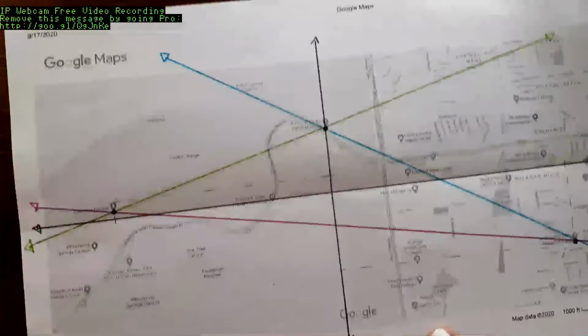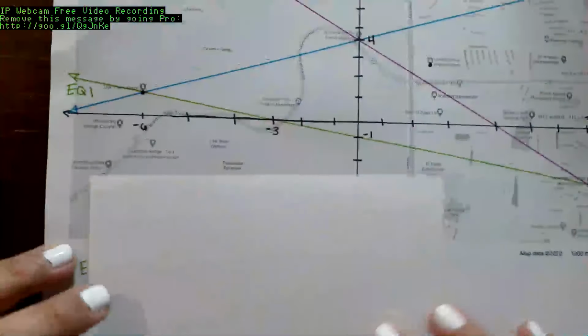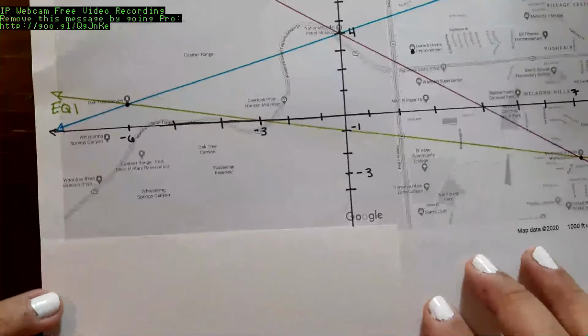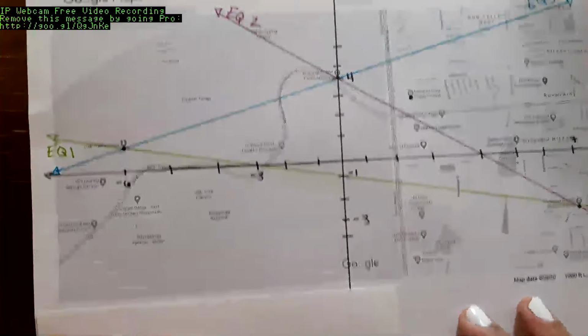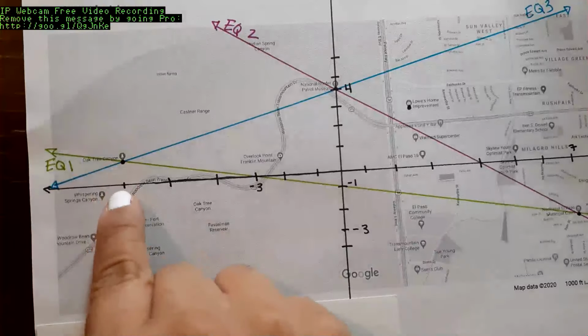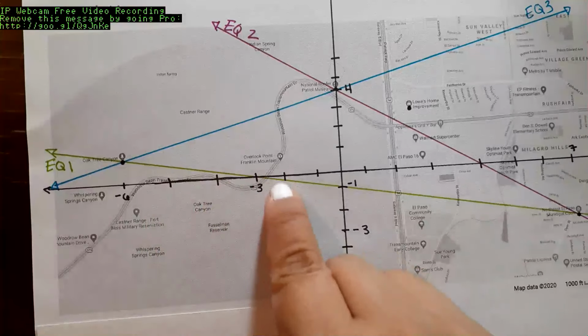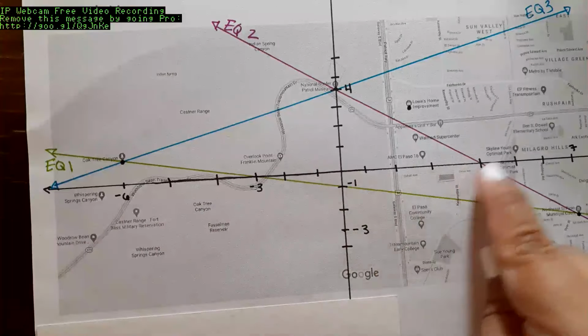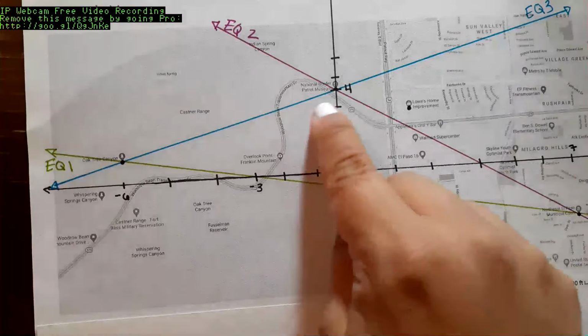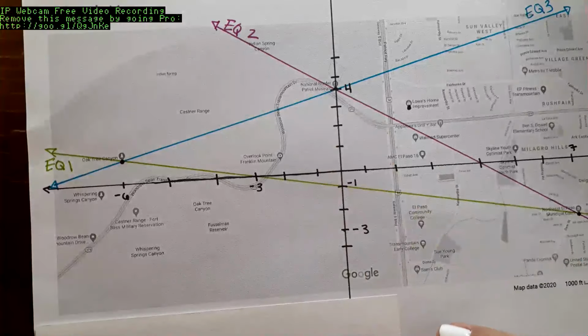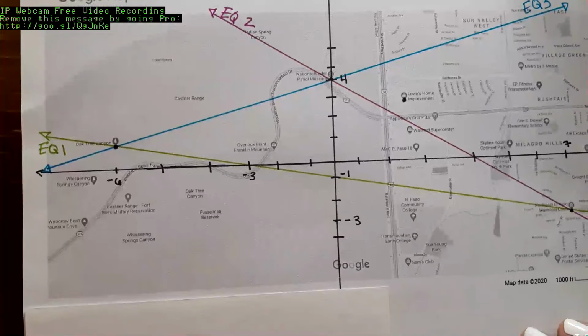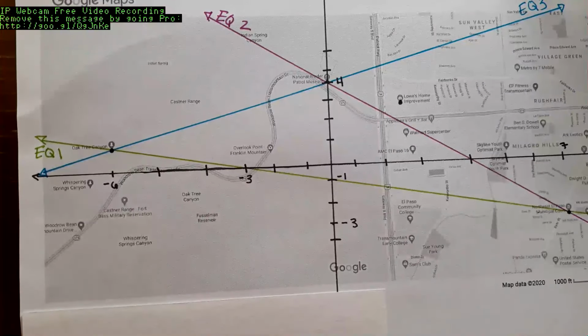Let me show you what I did next. Once I had my main markers, I filled in the rest of my little hashes across the x and y axis. So I ended up with a graph, and from this graph I'm able to find the equation of my lines.